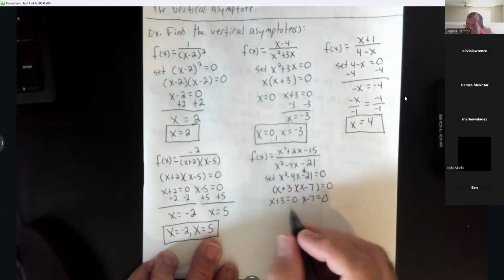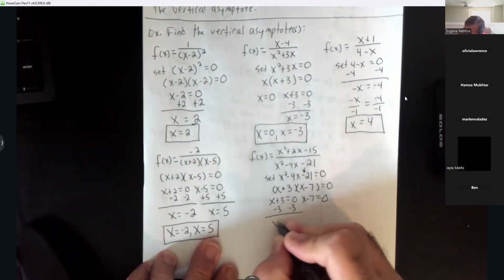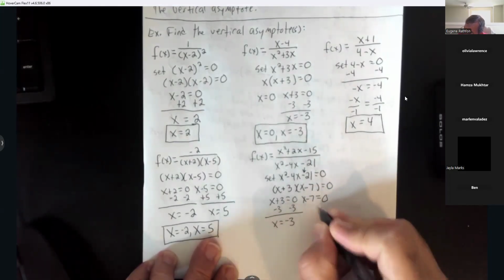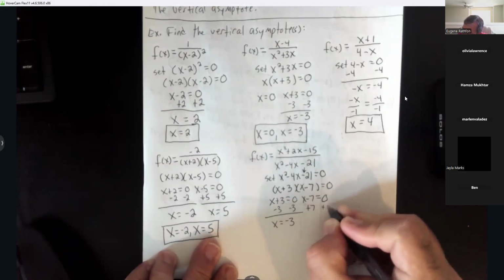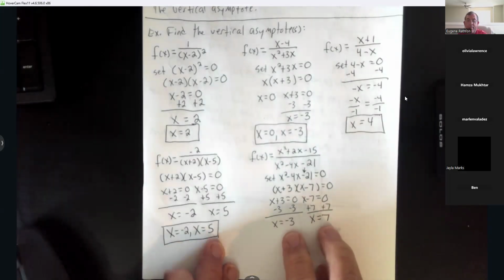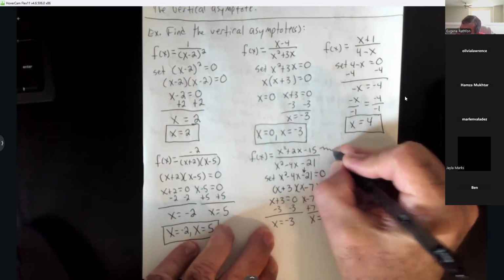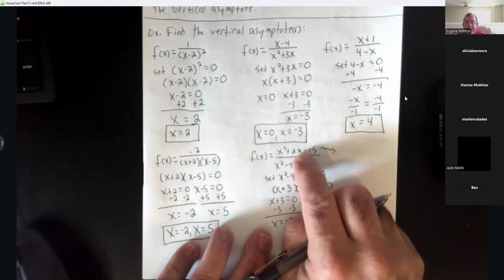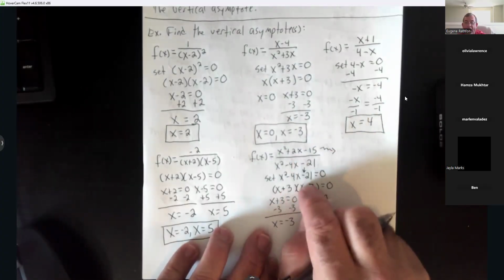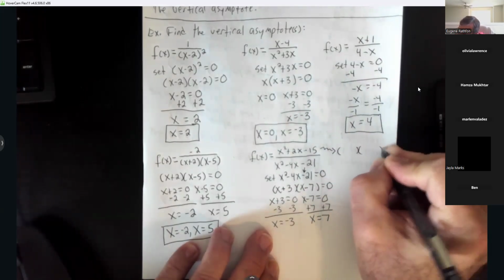So y'all, the first one, we would subtract 3 from both sides. The second one, I would add 7 to both sides. So these are my two possible asymptotes. But y'all, we need to factor the top and make sure none of them factors matches these two factors here, okay? So we're just going to do a quick factor on the top.